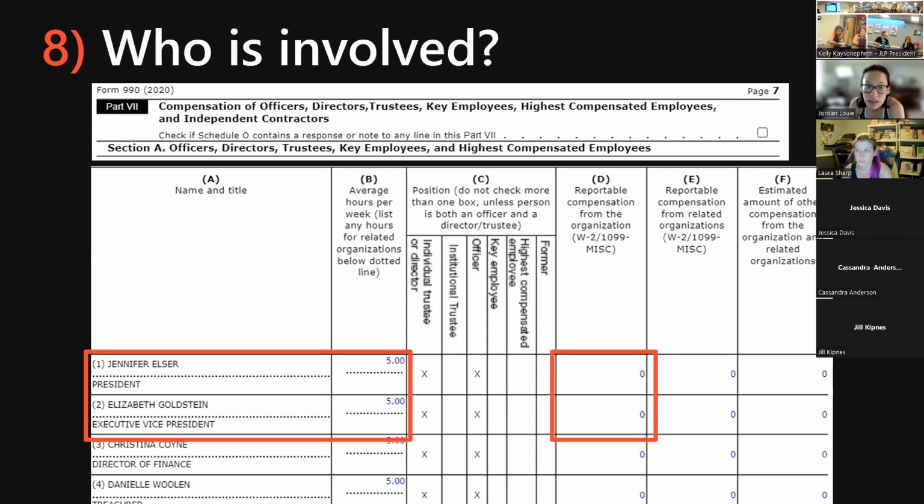Is anyone blown away at how little their executive might make? Not on mine, but I'm surprised that the CFO only makes about $83,000, while everybody else makes around 200 to 300, and the CEO is a little over 5.